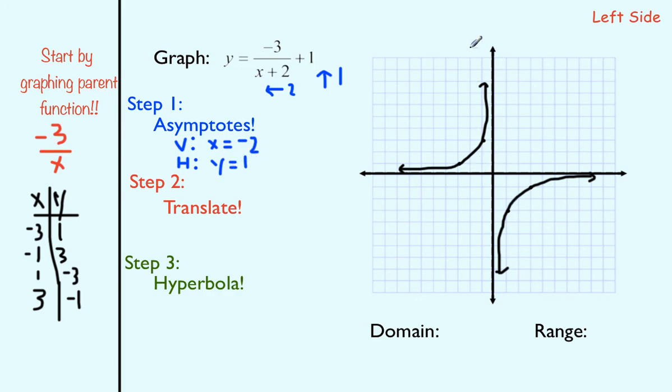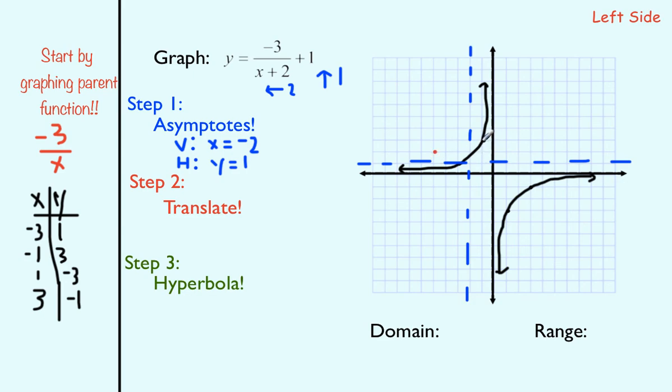So x equals -2. Try and get it all on here. And y equals 1 goes this way. So the new graph will not cross these blue lines here. All right, so there's our new asymptotes. Step 2, translate these points. So this point from -3, 1, which is right here, it's kind of hard to see, we're going to translate left 2 and up 1.